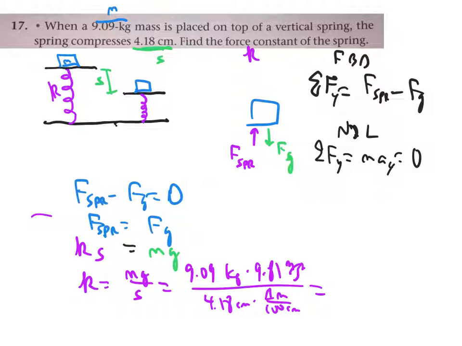And we get 2133.3 newtons per meter. We seem to have 3 sig figs, and so we get 2130 newtons per meter. In his inimitable way, Walker instead writes that as 2.13 kilonewtons, which is fine.